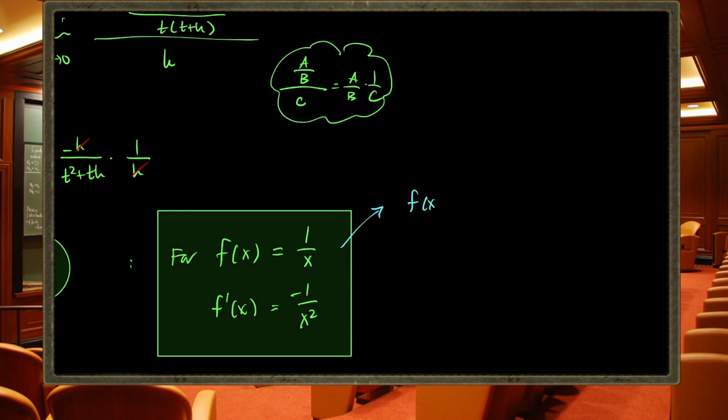For f of x equals x to the minus 1, if I think about this instead of 1 over x as x to the minus 1, if I used the power rule here instead of deriving this, what would we have gotten? f prime of x is the power negative 1 times x, and then we subtract 1 off the power, that's minus 2. So the power rule would have worked as well.